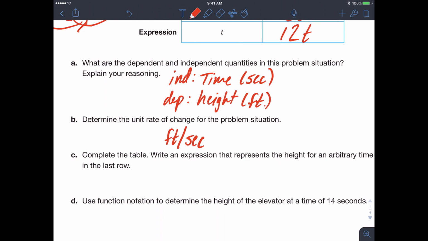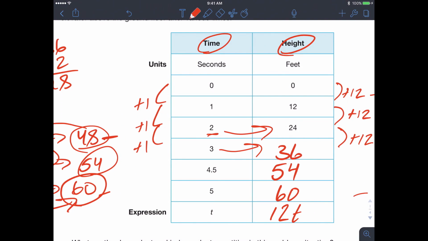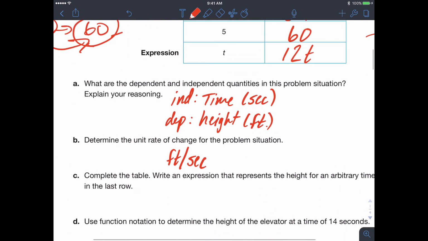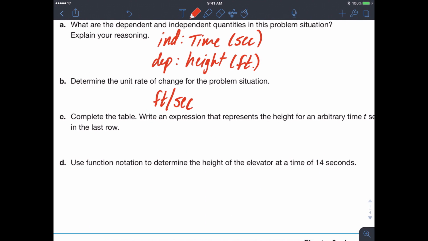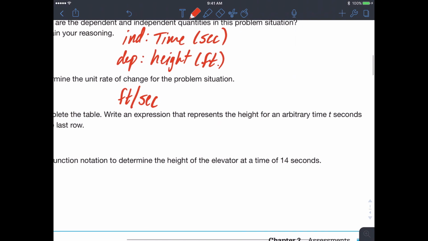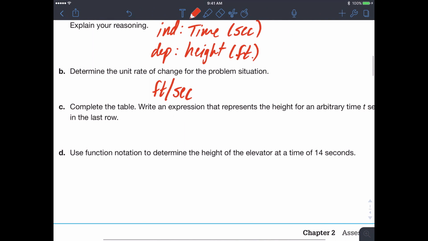Because it's going to go 12 feet in 1 second, 24 feet in 2 seconds. Alright? So it's feet per second. Complete the table. Write an expression that represents the height for an arbitrary time t in the last row. See table. Alright?